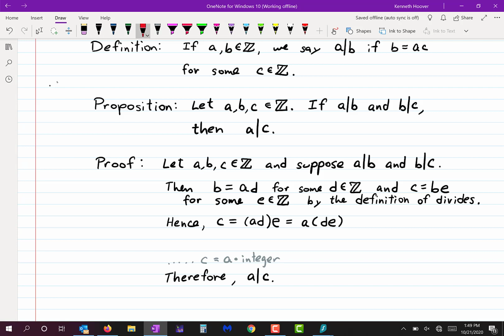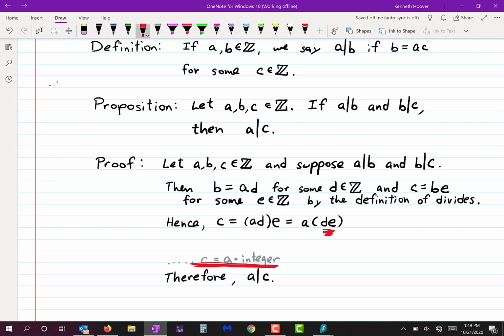Isn't that exactly what I was wanting? I have to point out something about this. In order for me to be finishing my proof, de needs to be what kind of number? It needs to be an integer.